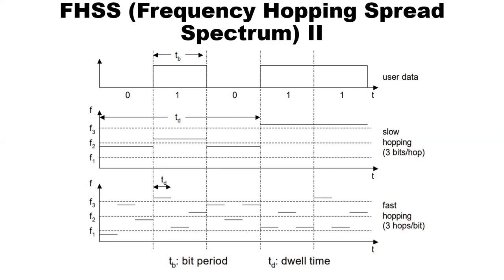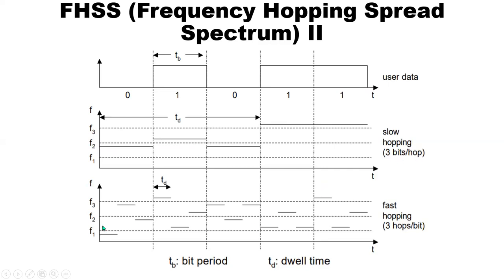Near F2, you can see a line below the level, that is for 0, and above the level is for 1, and below the level is for the third bit 0. The next bits, 1 and 1, are transmitted using another frequency, F3. So this is slow hopping, where the period is 3 bits per hop.